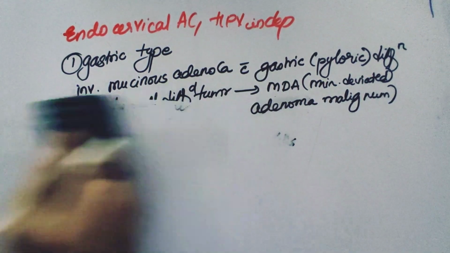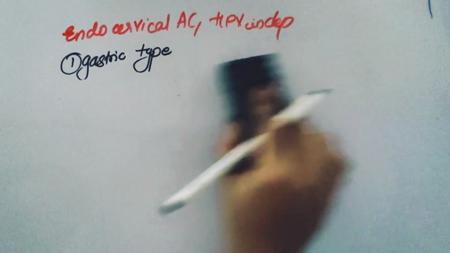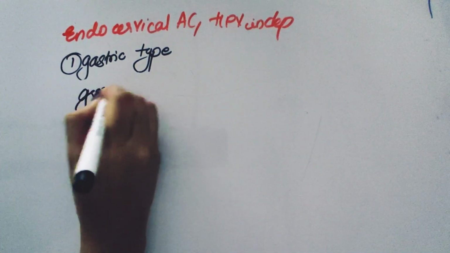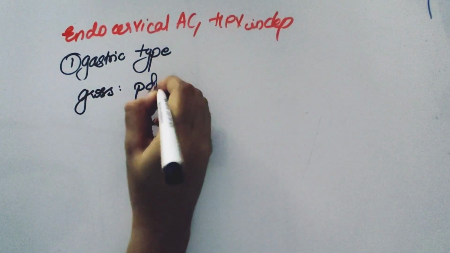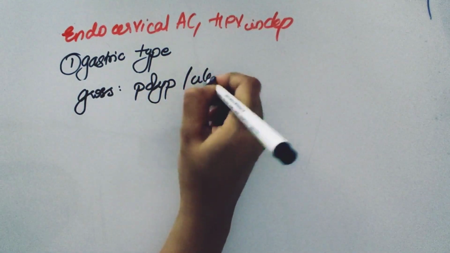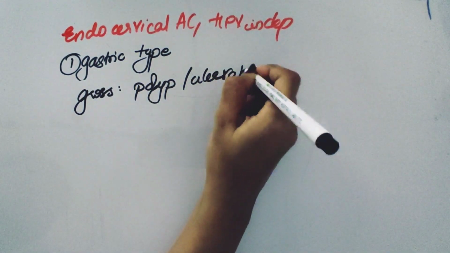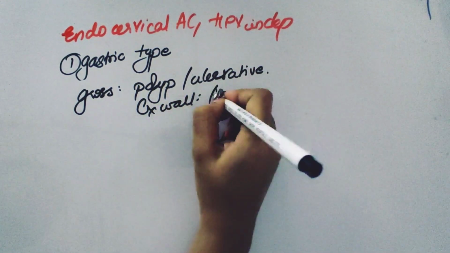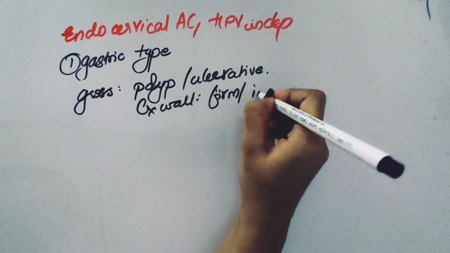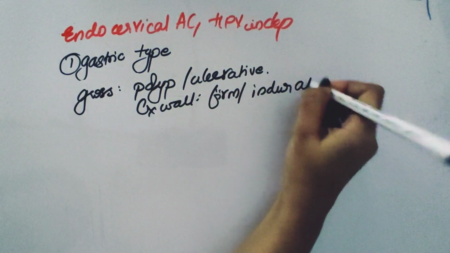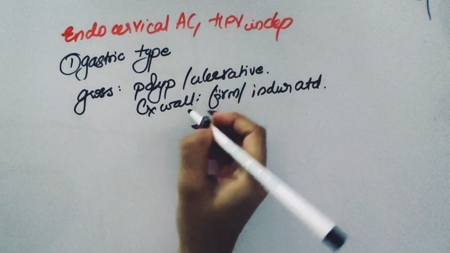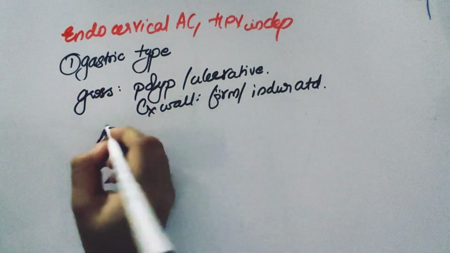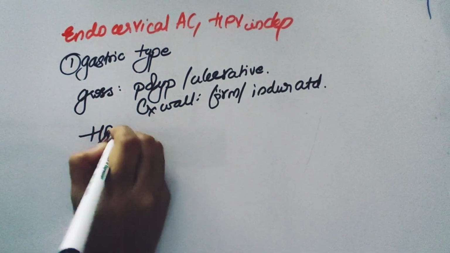Now pathologically, what is its gross feature? It can occur as a polypoidal lesion, or it can also occur as an ulcerative lesion. Usually the cervix wall is firm or indurated, and it has, as we usually say, a tan white appearance, as in most of the lesions.